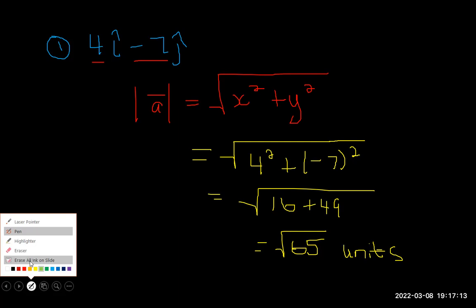Okay. So that was the first step, finding the magnitude. The second step is substituting it into the formula to get the unit vector. Since this is vector A, I would say the unit vector, remember the upside down V, is 1 on the magnitude multiplied by the vector.